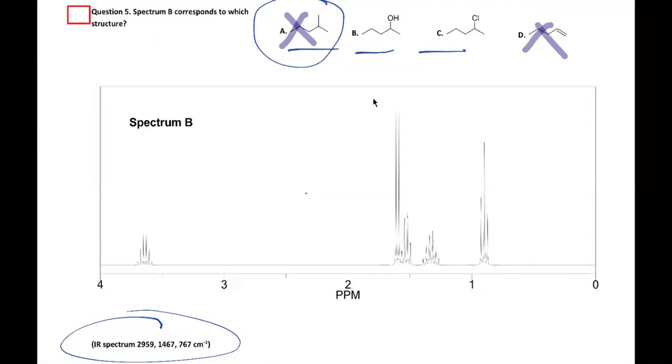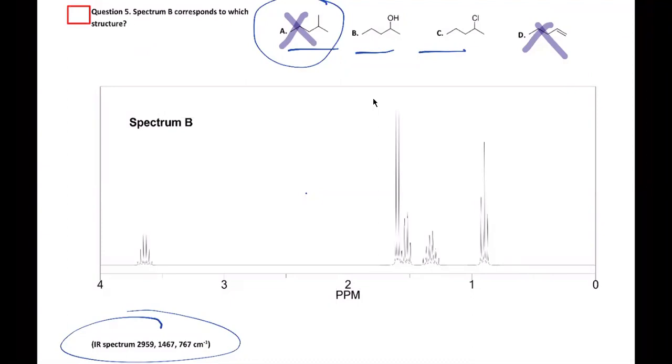But there's no OH stretch, because OH is always in the same region, somewhere between 3,000 and 3,300, and it's a broad stretch. None of these stretches are given as broad, weak, or medium. You just have the stretches, right? So it's not B, it's actually C.